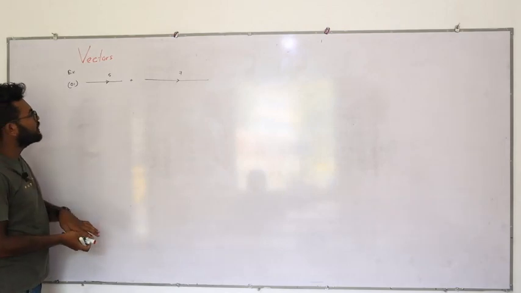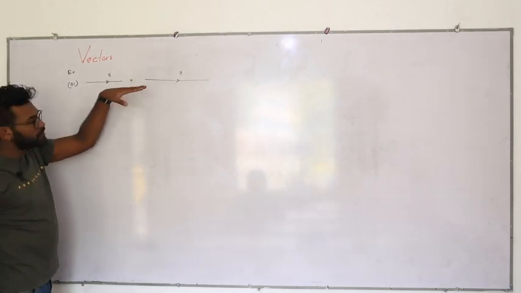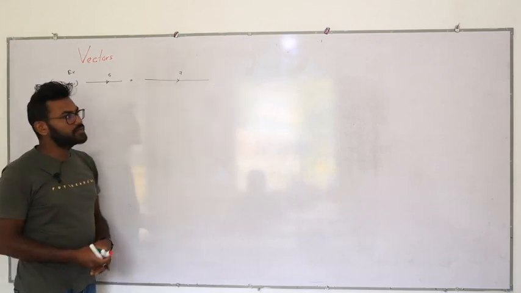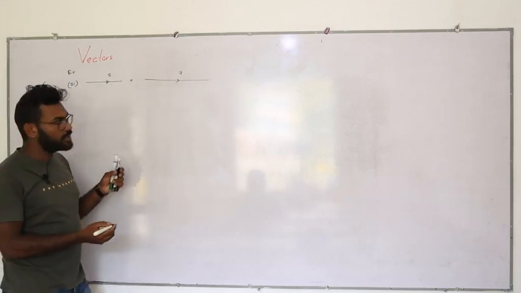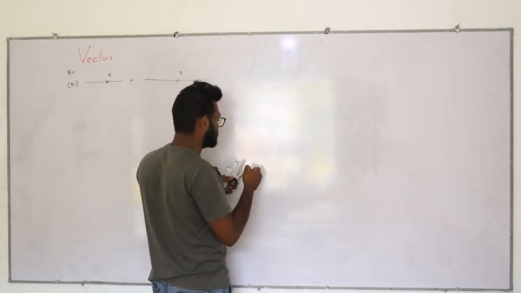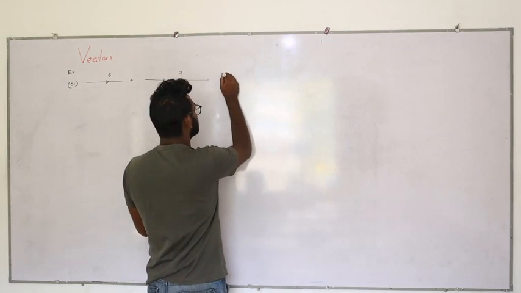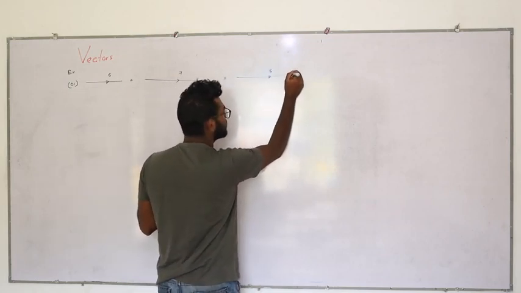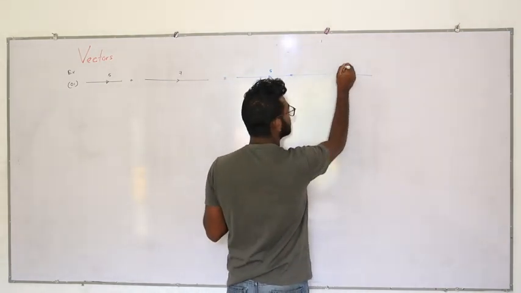So you have a vector 5 acting to this side, horizontal. You have another 7 which is also acting in the same direction. So what can I do? Yeah, we have to add them. So I can represent it like this. This is that 5 first. From that end, you can draw the next 7.